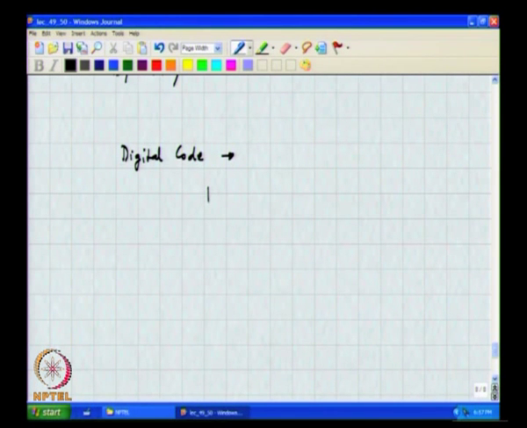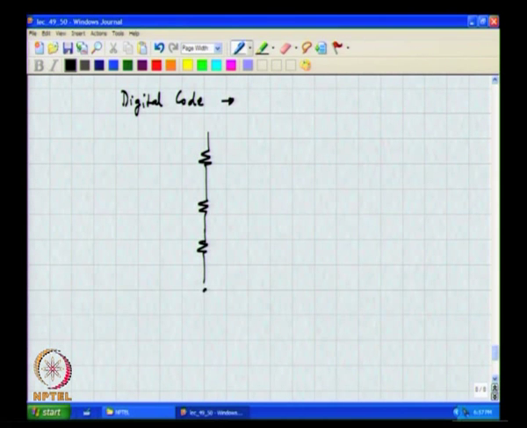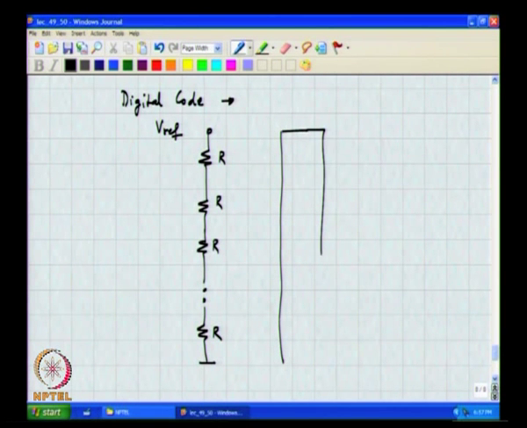So, the easiest thing you can think of perhaps is a resistor string. You have a reference, you have a bunch of nominally identical resistors, okay, and you have some kind of mux.